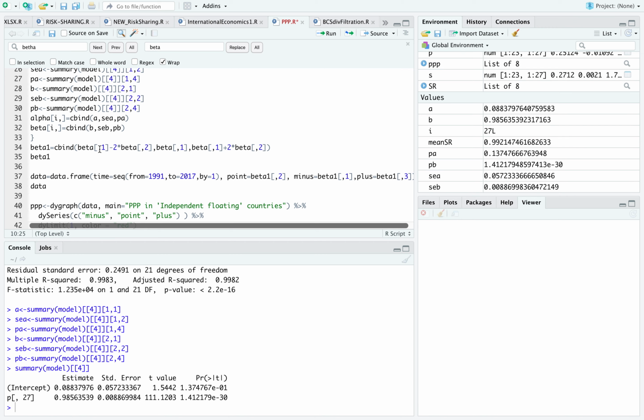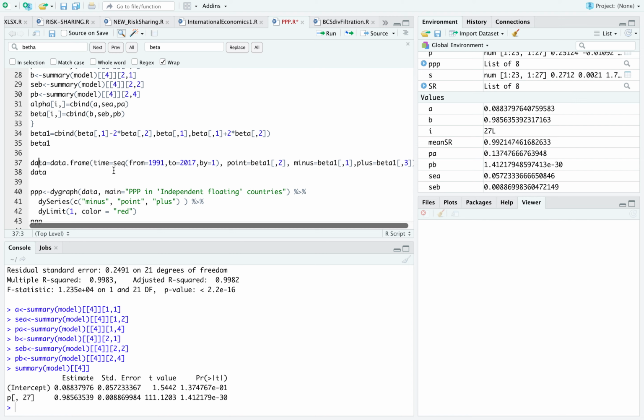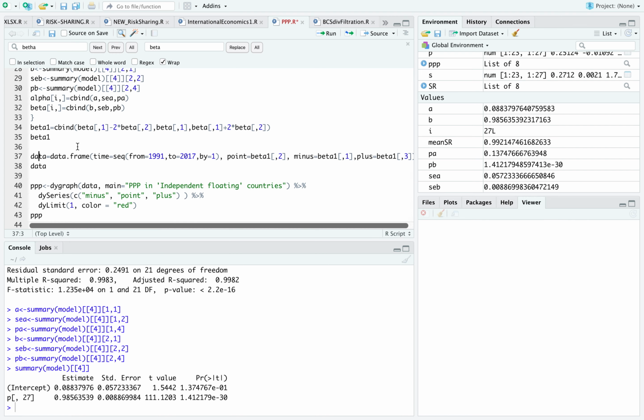So I created this approximate confidence interval simply by subtracting 2 standard errors from beta and adding 2 standard errors to beta. Then I made a time series out of this, and then I was able to create a graph over here.